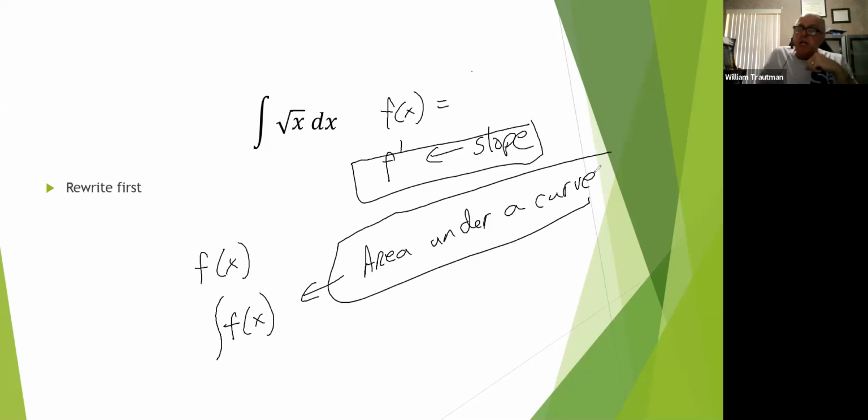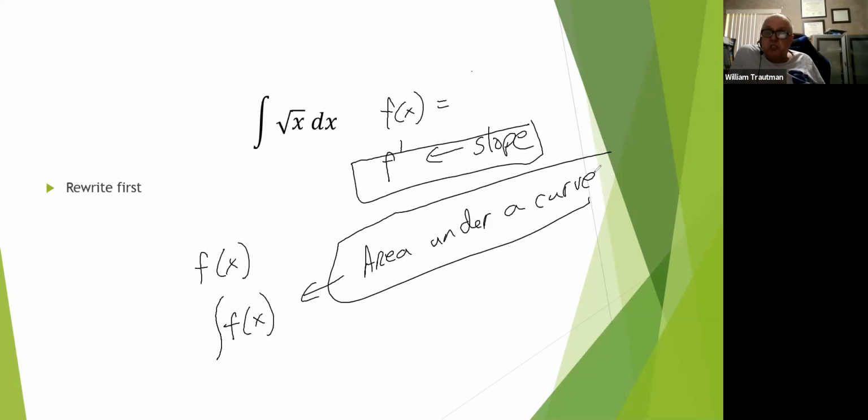So calculus 1 is finding slopes, finding the derivative, finding slopes at different points. Calculus 2 is finding the area and later on the volume under a curve. Finding volumes of shapes, area of shapes. That's what integration is all about.